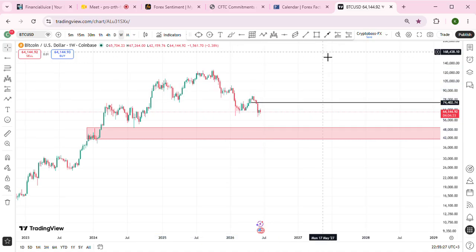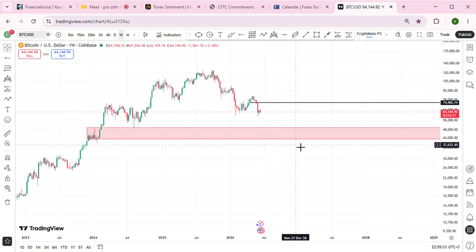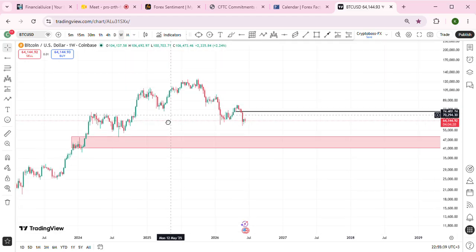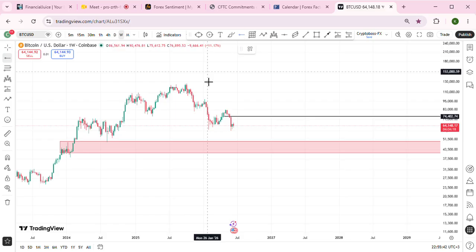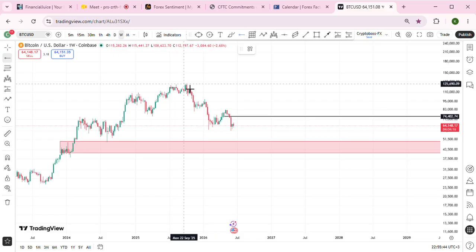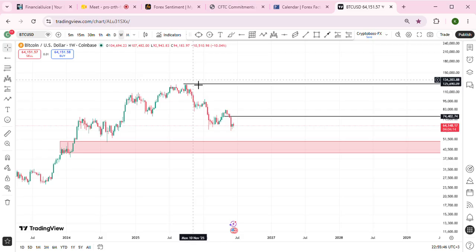That's why you have not seen me telling people to buy Bitcoin or invest in Bitcoin as for now. But soon, when the market comes to the anticipated zone, you'll hear me tell people to start investing in Bitcoin, because once the market comes to that level of around 40,000, it's going to go above 120,000.